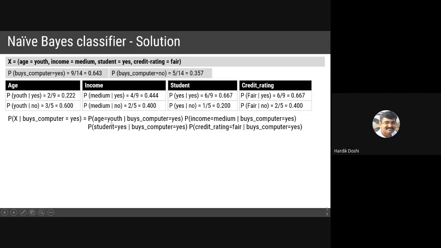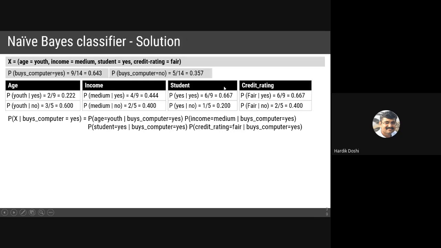So these all values are to be multiplied, because all these attributes are given for X.